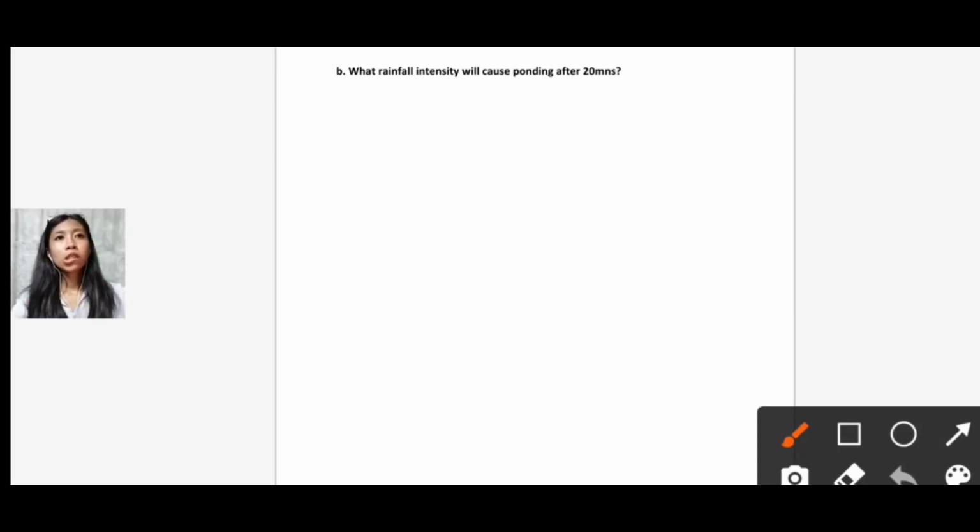So then substituting the values using the formula that we have obtained.